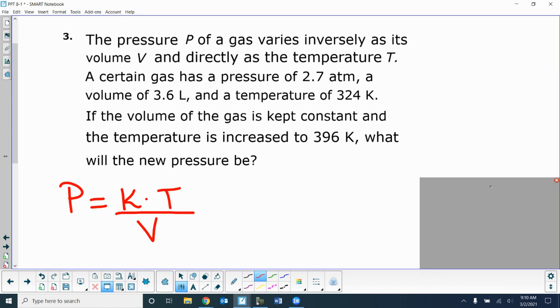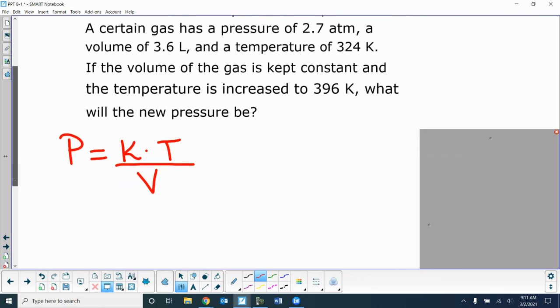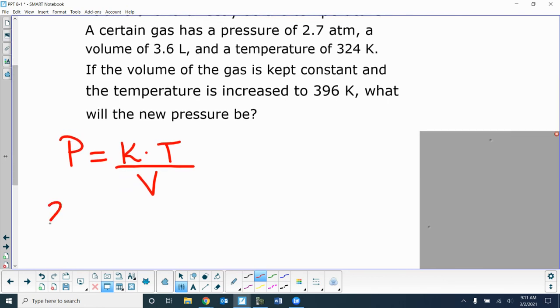You don't have to write it more times if you want. Even though we say inverse and direct, okay? So, it tells us a certain gas has a pressure of 2.7, so P 2.7, and a volume of 3.6, and a temperature of 324. We okay with that?